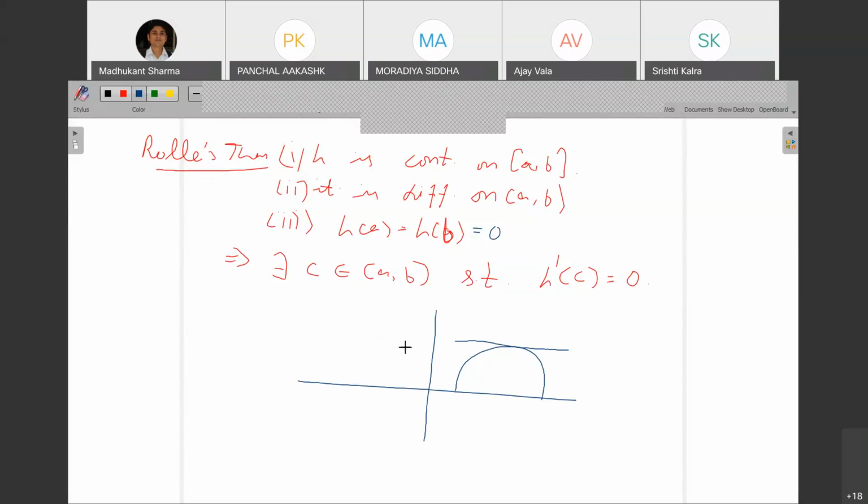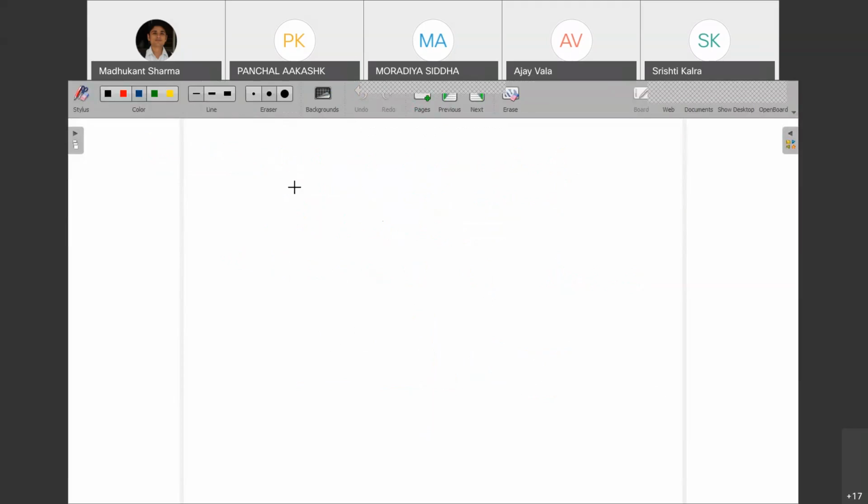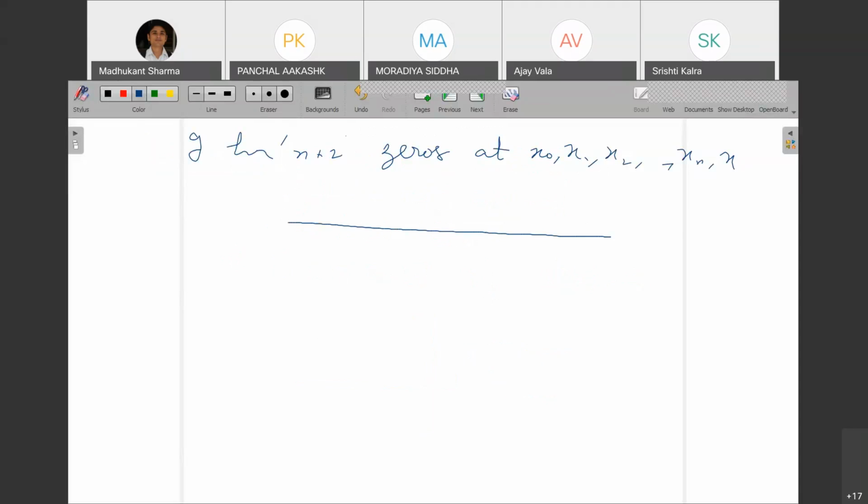Now, how to use this result? We have the function g, which has n plus 2 zeros at x0, x1, x2 and so on up to xn, and x.